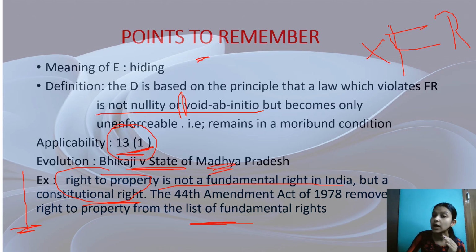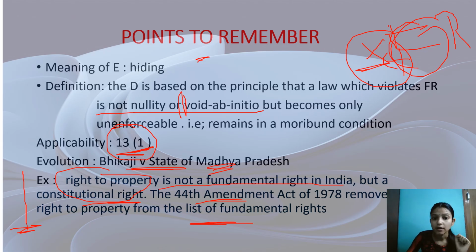So the fundamental right will hide it under it. But this provision has the capacity to become active again if the very fundamental right which is hiding the provision is itself no longer there. For example, after the 44th Amendment, the right to property has been removed from the fundamental rights and put into some other list, that is, under constitutional rights.